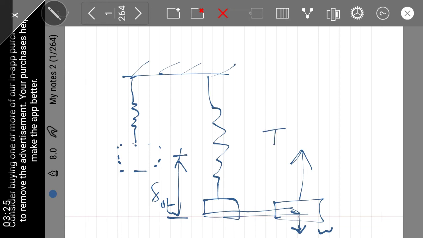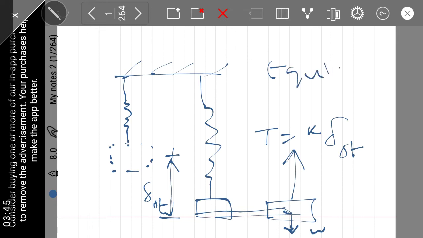This is the tension, which is equal to K times the static deflection when the spring is at equilibrium. This is when it's unstretched. This is when it's stretched. Okay. So this setup is at equilibrium. So we can write that at equilibrium, the weight from this diagram is equal to K times the static extension.